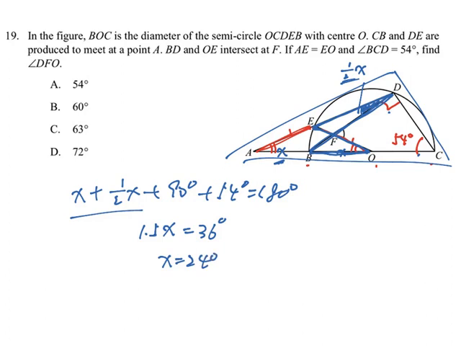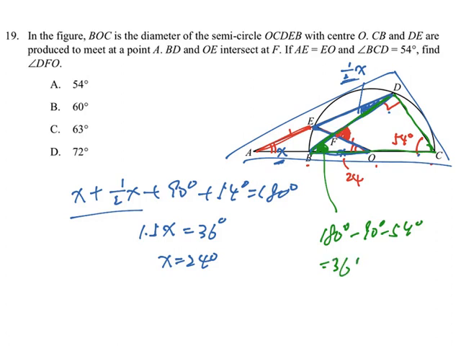Now we need to find this angle, because we know this one is 24. Can we know this angle? Actually, we can, because if we consider this triangle, then we can find it. This is 180 minus 90 minus 54, which is 36.